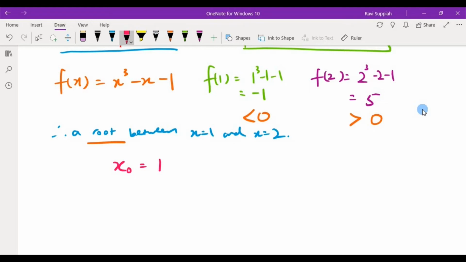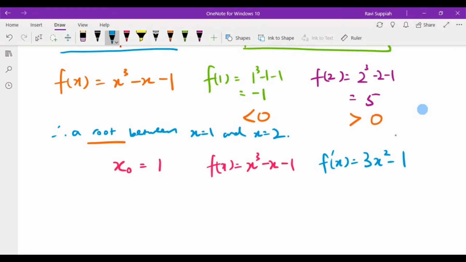Now, let's look at the expression f(x). If f(x) is x cubed minus x minus 1, then f'(x), the first derivative, is 3x squared minus 1.